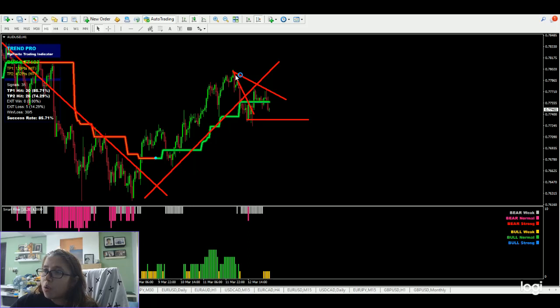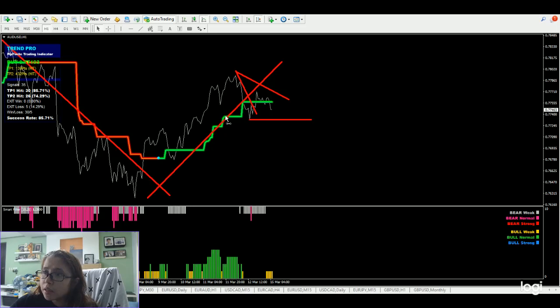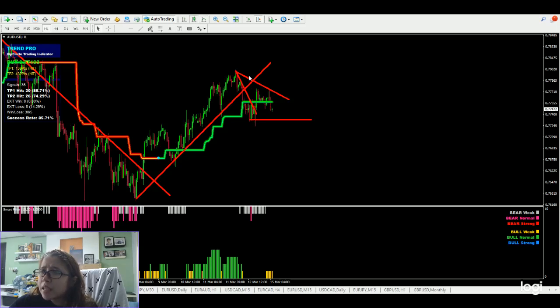So right now, if we're going to look at this trend line in 1 hour time frame, it has broken this trend line, as evidenced by this bar, because the close of this bar is way lower than its open.